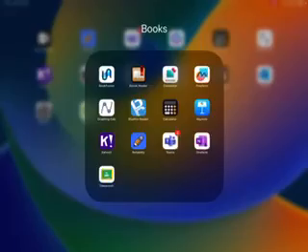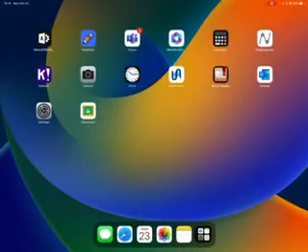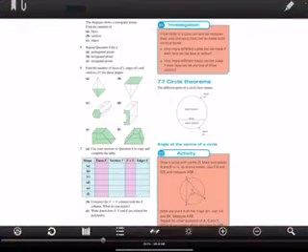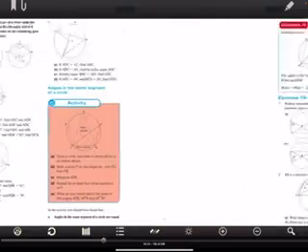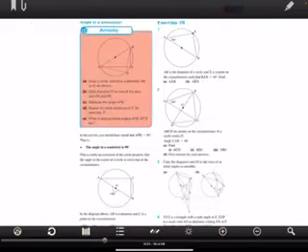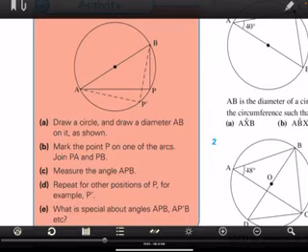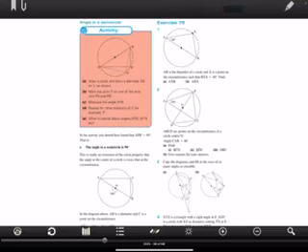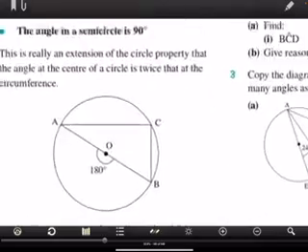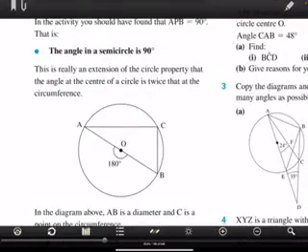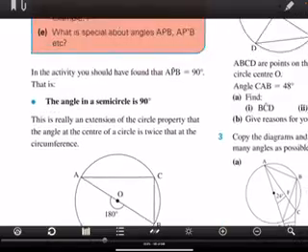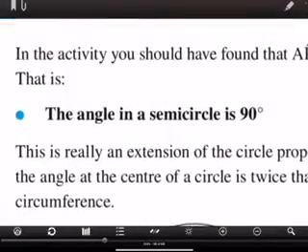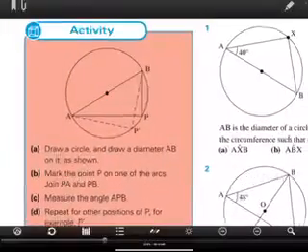You had the book, you could have just looked in it. Let me place it. It's this one. Here it is. Yes? The angle in a semicircle is 90 degrees. Here we are. Open the book.